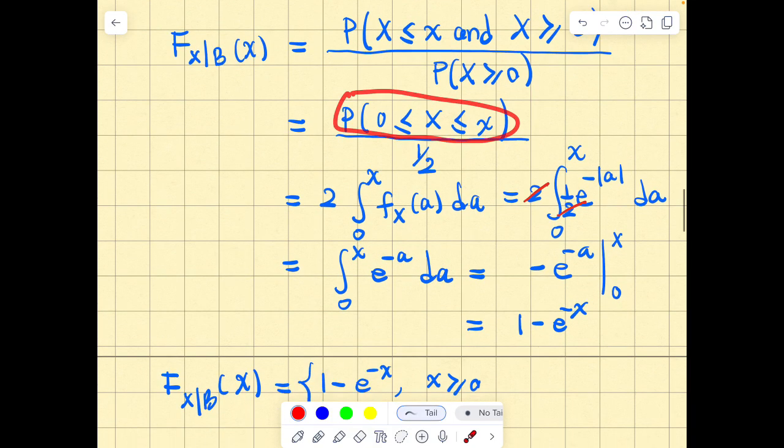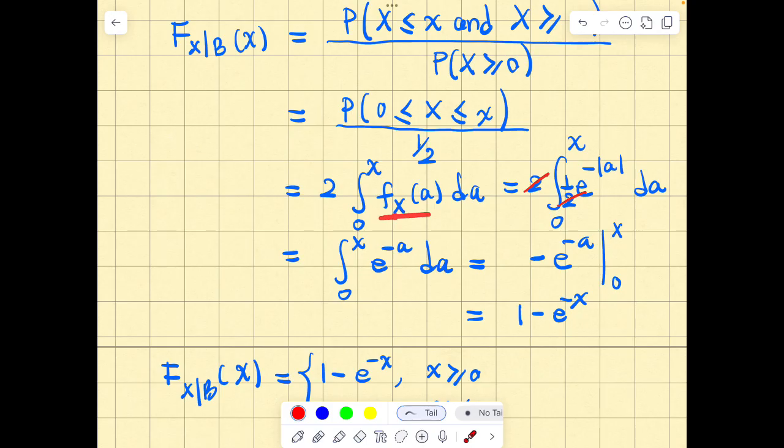Well, the way you do it is you use the PDF. So I'm going to use the PDF, integrate from 0 to x. But now if we use x as the variable of integration, that's going to be confusing. So let's say the PDF has this variable a instead of x. So a. But we integrate from 0 to x. So x is some number.